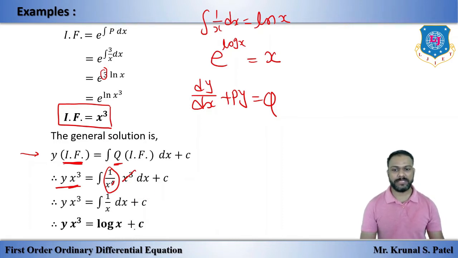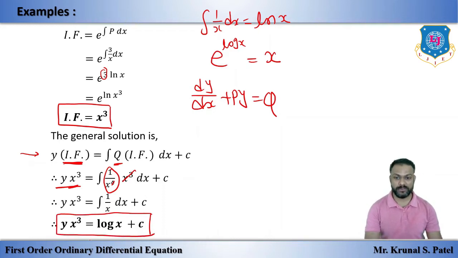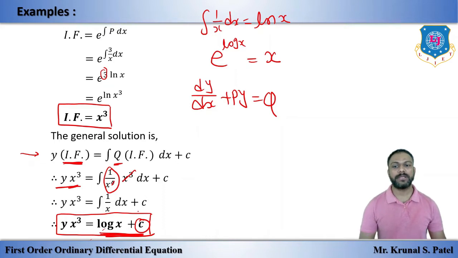Okay, so this is our final answer, which is our general solution. Finish. If you want to remove this log, you can take, instead of c, log c, and by taking this together using the logarithm rule, and by taking anti-log, you can remove the log also. But if you wish to leave it here, then you can also stop here.